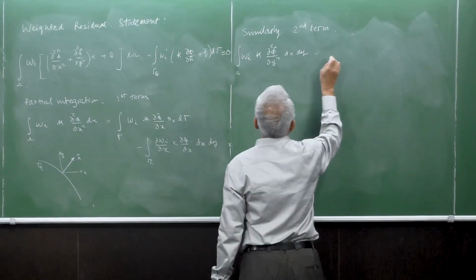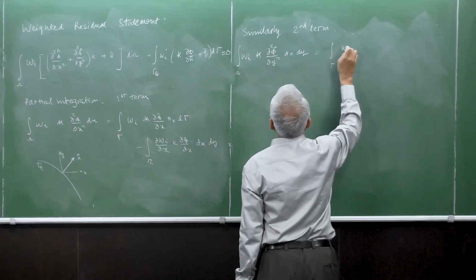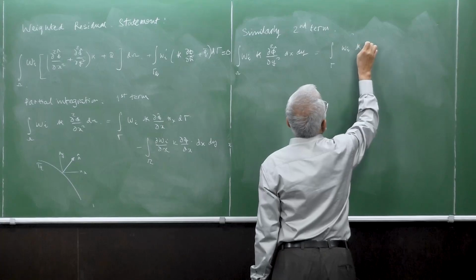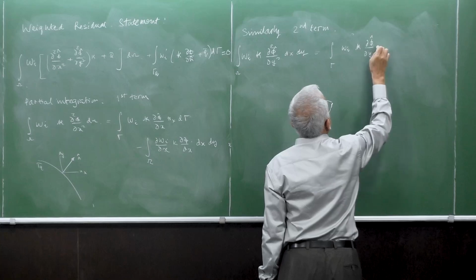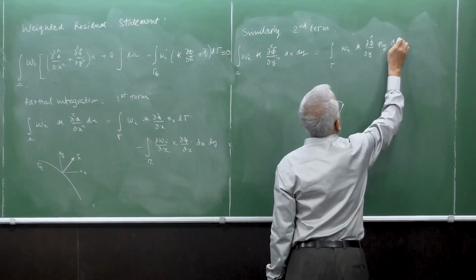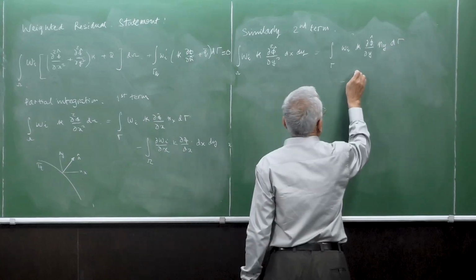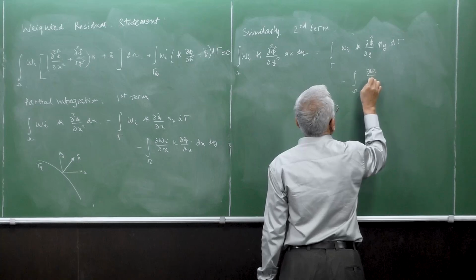This can be written as the boundary integral of Wi k ∂φ/∂y times ny times dΓ, and this follows the same lines as earlier.